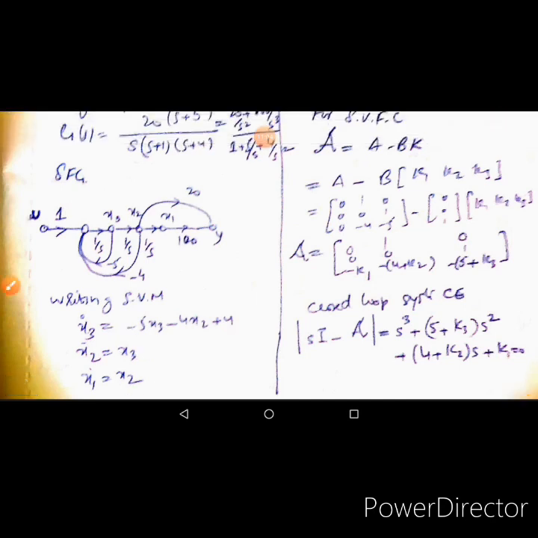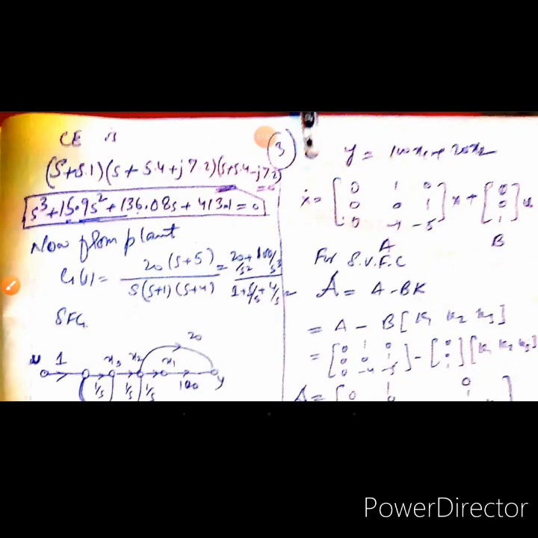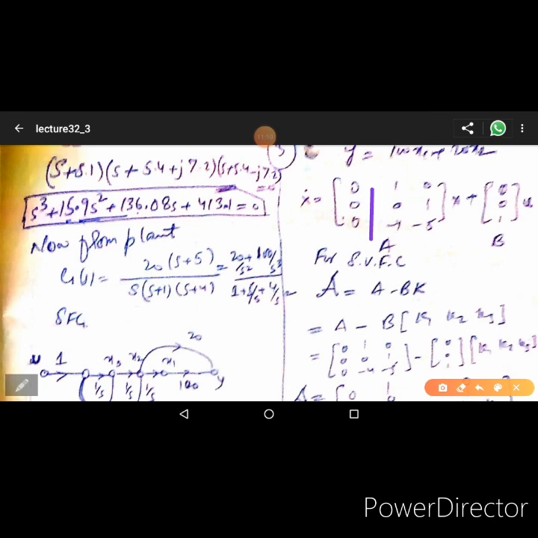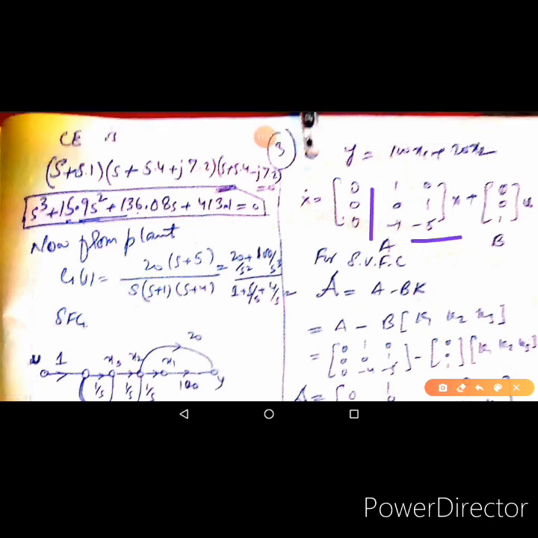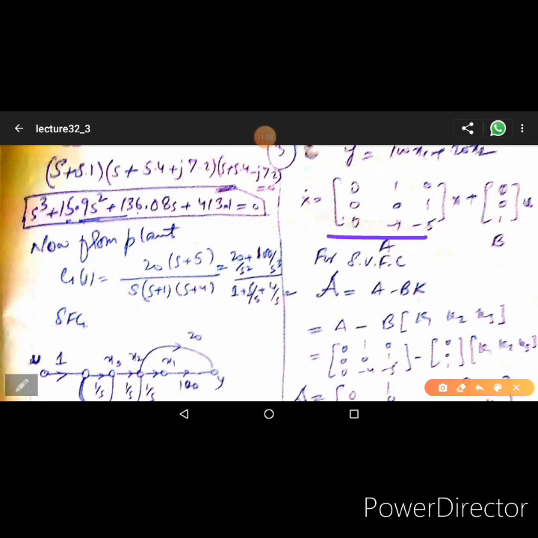Therefore, the first column is completely made of zeros. And then we write the coefficients of x1, x2, x3. These are the coefficients of x1, these are x2, and these are x3. And this is the input matrix. But we have the system matrix, A matrix for the plant over here and the B matrix.